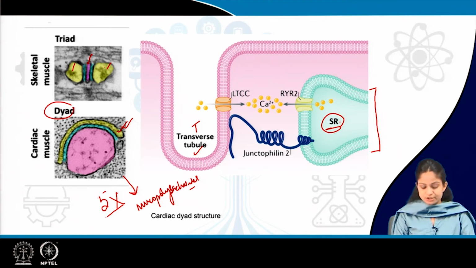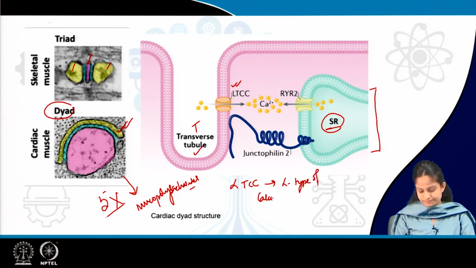The channel proteins present on the surface of the T tubules are the L type calcium channels, LTCC. Since we have already discussed the various types of calcium channels, this is the L type calcium channel, also known as DHPR, dihydropyridine receptors.